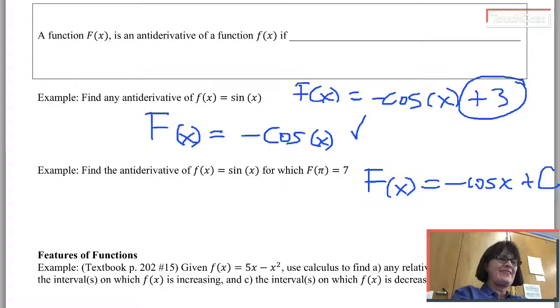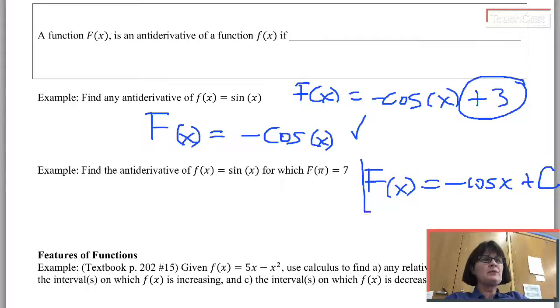And we've settled on capital C, which is what you'll typically see people use for that number that's going to get added at the end. I don't have enough information yet to know what that number was, but I am certain that no matter what that number C is, if I take the derivative, I'm going to get, in this case, sine of x, because the derivative of that constant will definitely be 0.